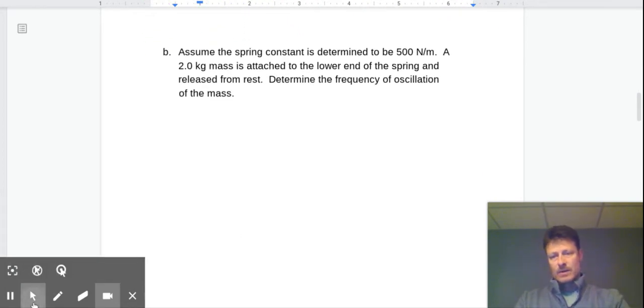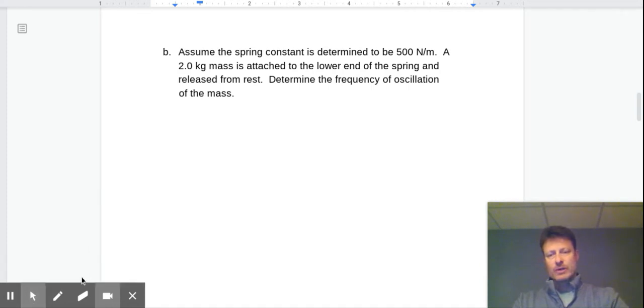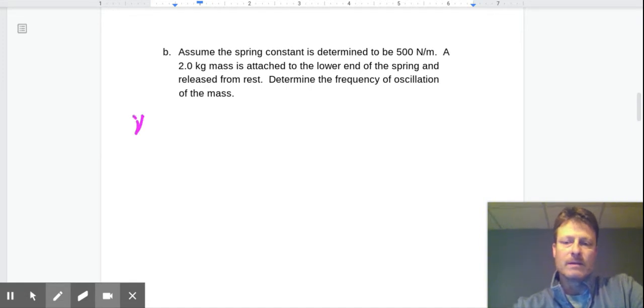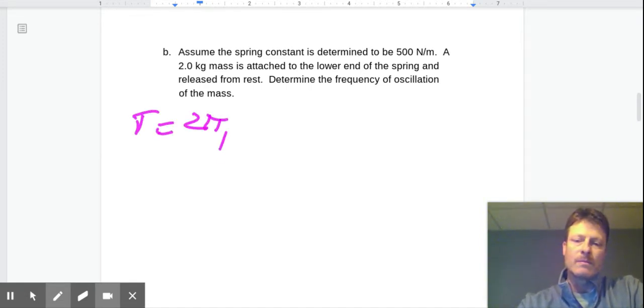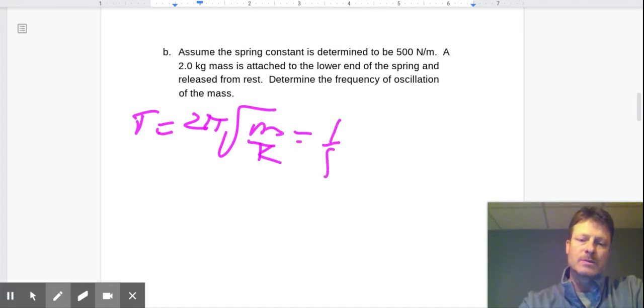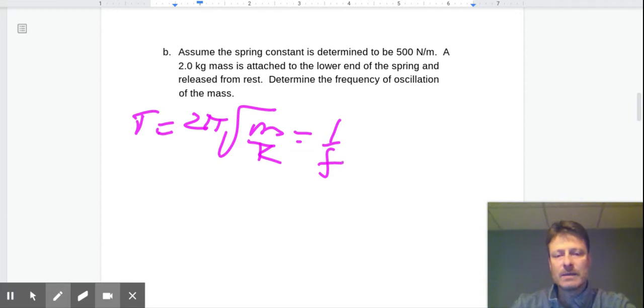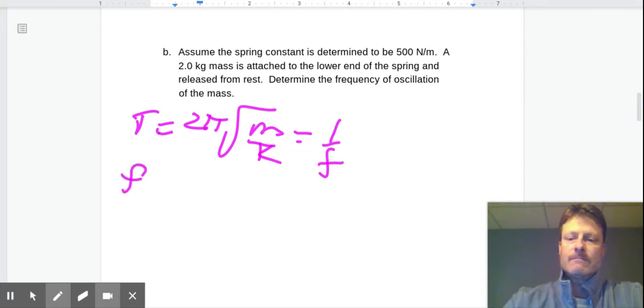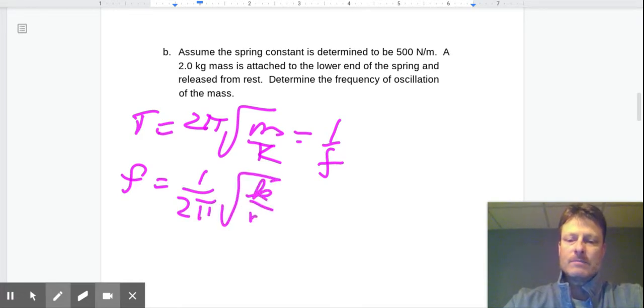Then they say, how about if you go ahead and show that we can do this calculation? Remember that the 2 pi square root m over k equation is going to help us, but that period is equal to the reciprocal of the frequency. So the frequency is going to be equal to 1 over 2 pi square root k over m.